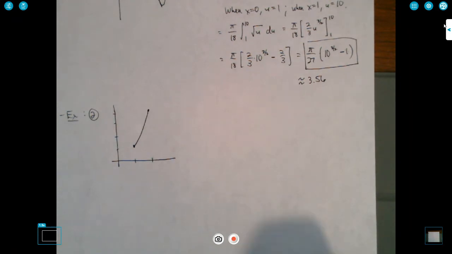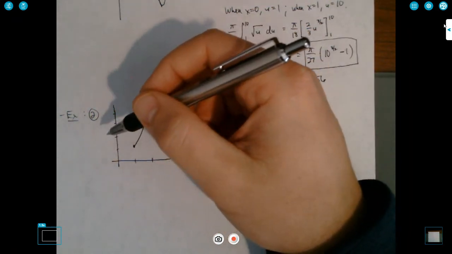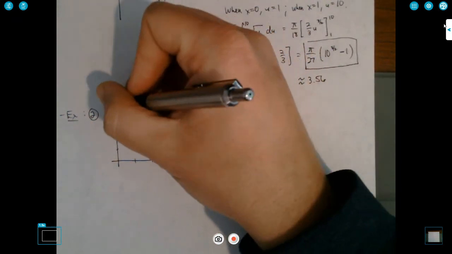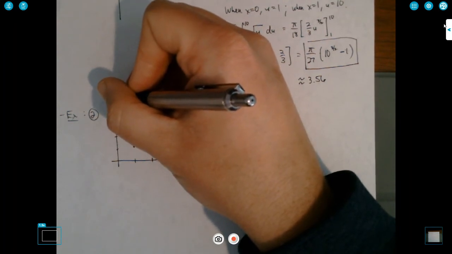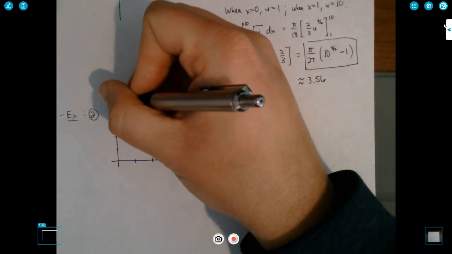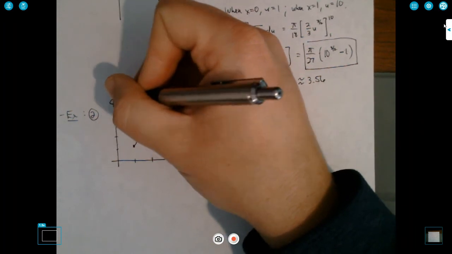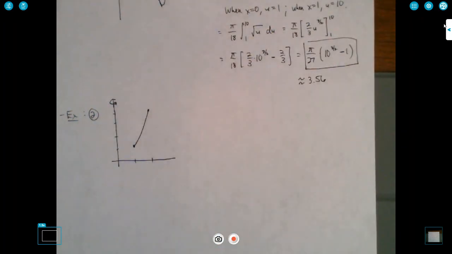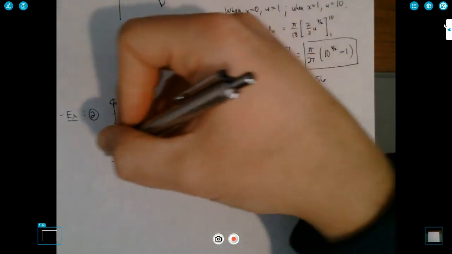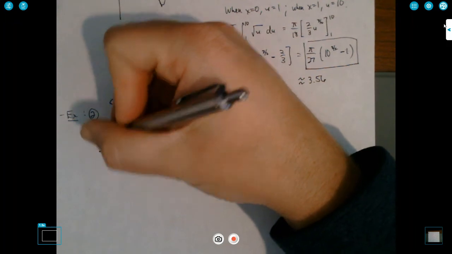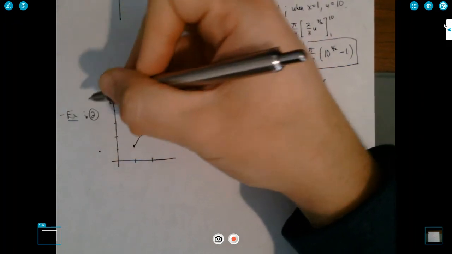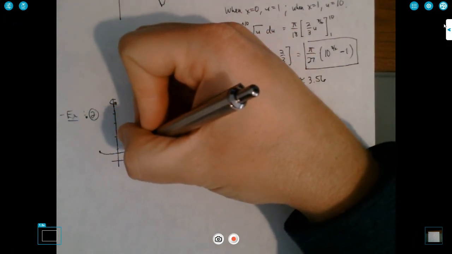And now, I didn't really leave myself enough space to draw it, but we're interested in revolving this thing about the y-axis, right? Anyway, we're interested in revolving it around the y-axis. So, if I were to do that, I've gotten myself into trouble, but, you know, we get something along these lines.